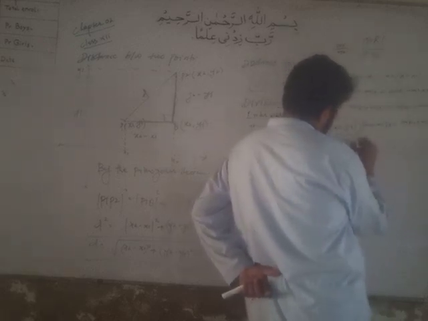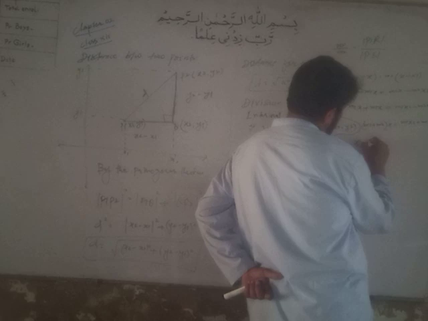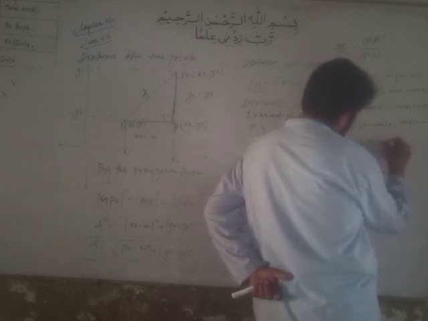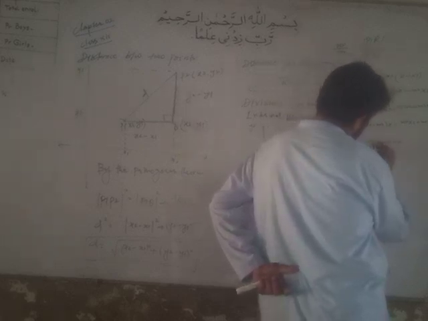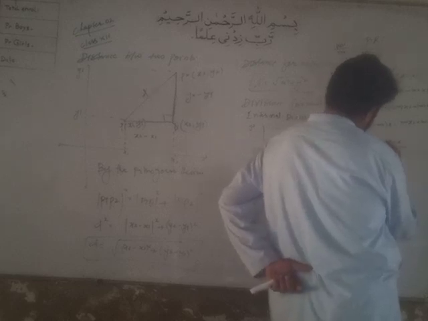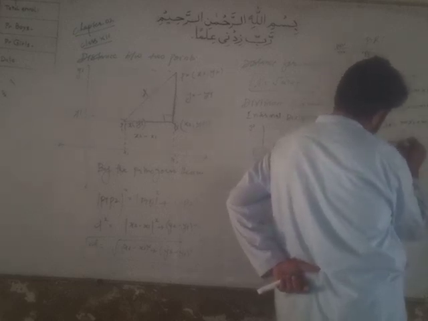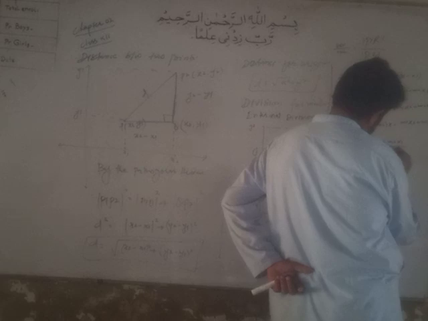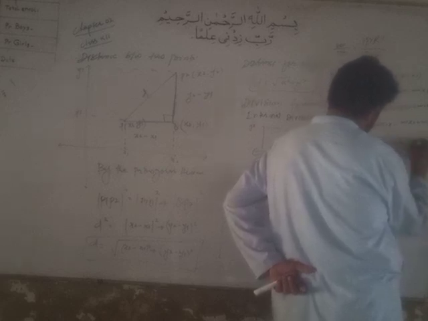So we can say that x is equal to m1 x2 plus m2 x1 upon m1 plus m2. Okay, so this is the value for x.